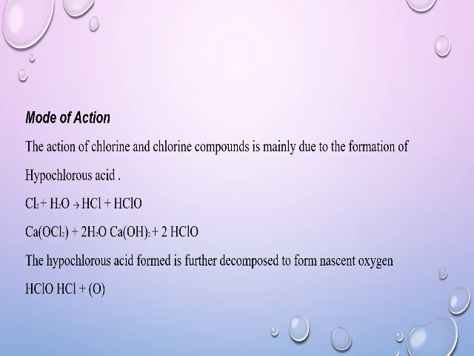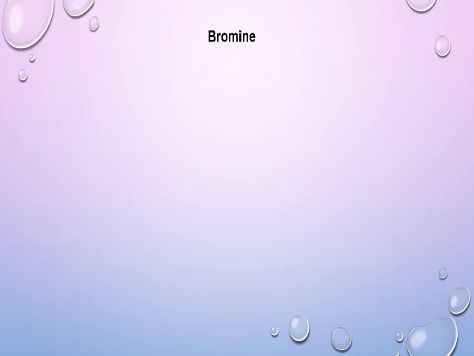The nascent oxygen is a strong oxidizing agent and acts on cellular components to bring about the destruction of microbes. Organic matter interferes with chlorine action by reacting with chlorine. Hence, excess of chlorine is added to ensure complete microbial destruction. The next halogen is bromine.